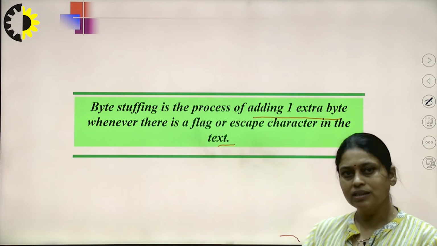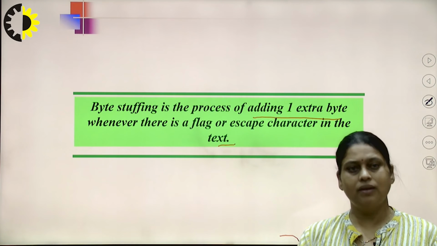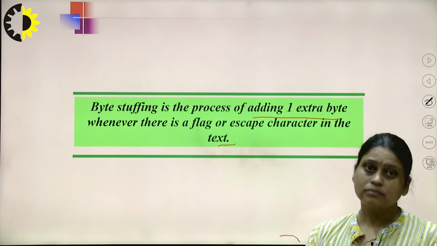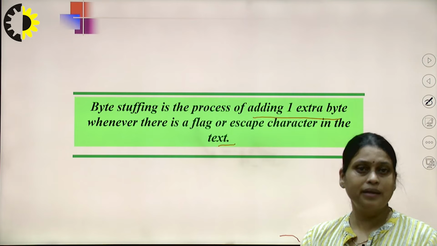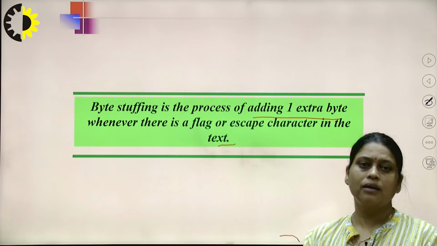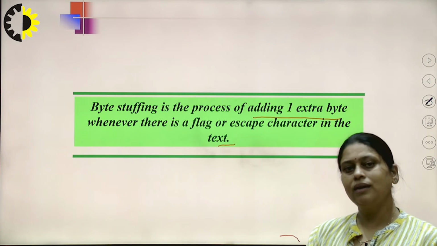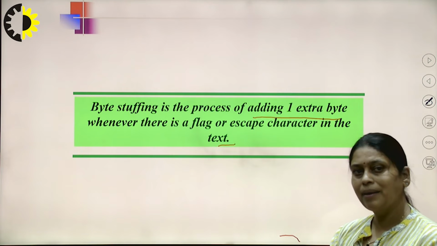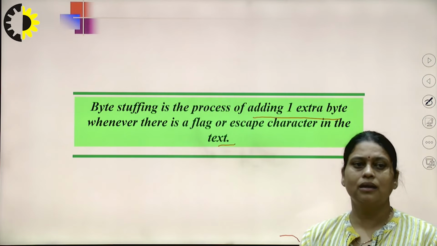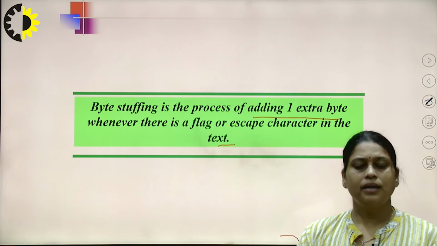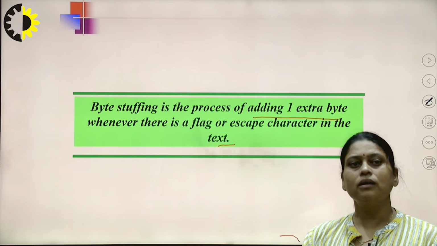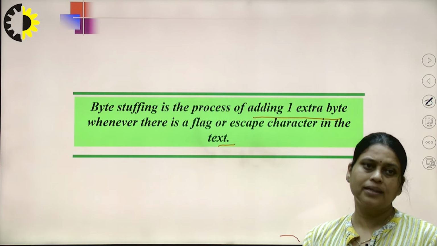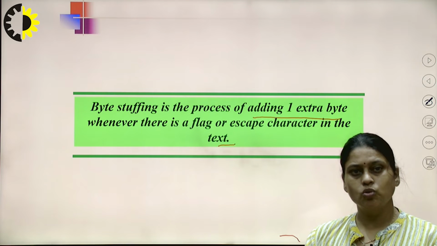So we just add one extra byte to the frame. When it reaches the destination, this byte will be extracted from the data part, and then the actual frame will be received by the receiver. The purpose of this stuffing is that we want to transfer the actual data from source to receiver.